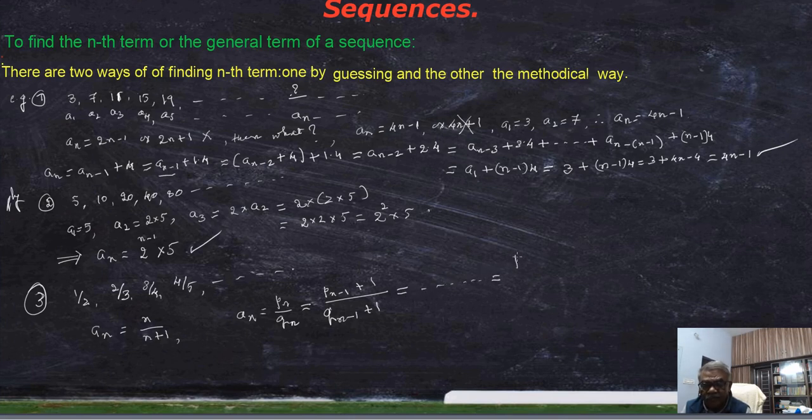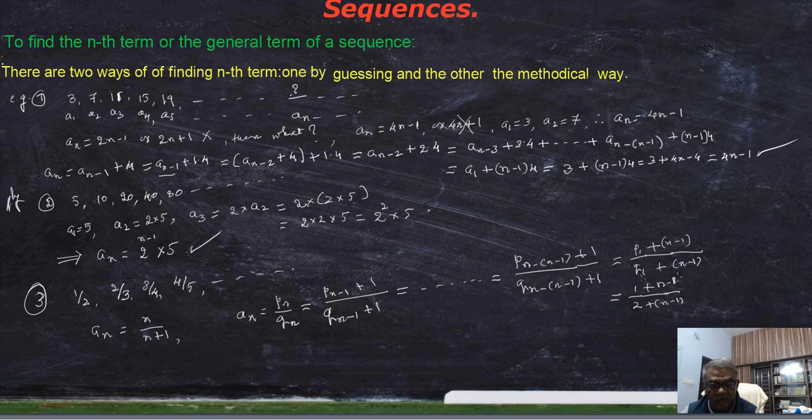You can get Pn minus (n minus 1) by Qn minus (n minus 1), plus 1 plus 1, and this is going to be P1 by Q1 plus (n minus 1) and plus (n minus 1), that is 1 by 2 plus (n minus 1) and plus (n minus 1).